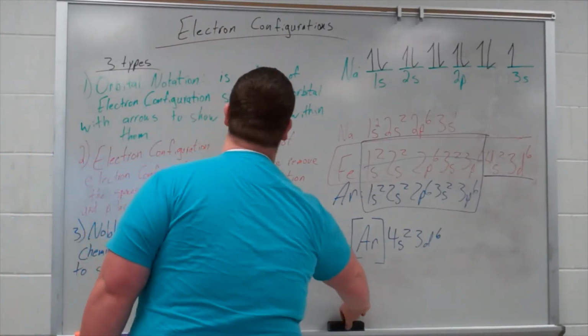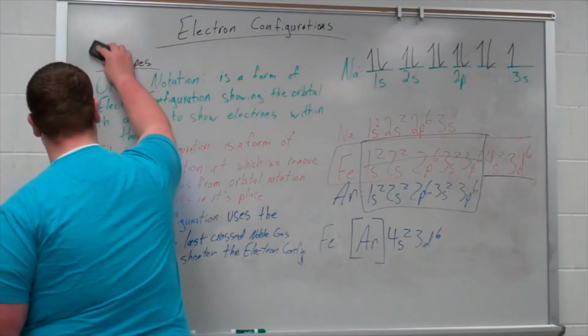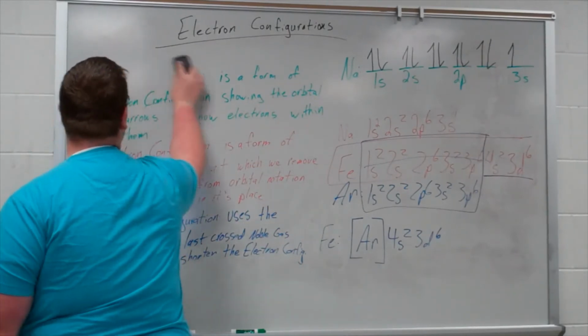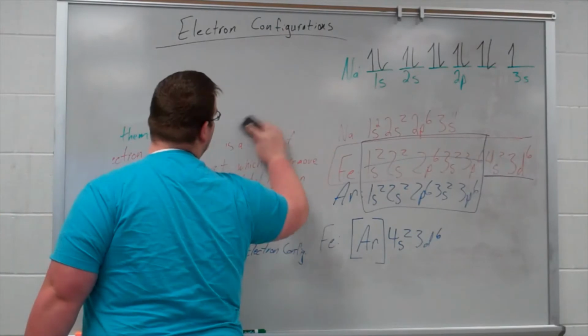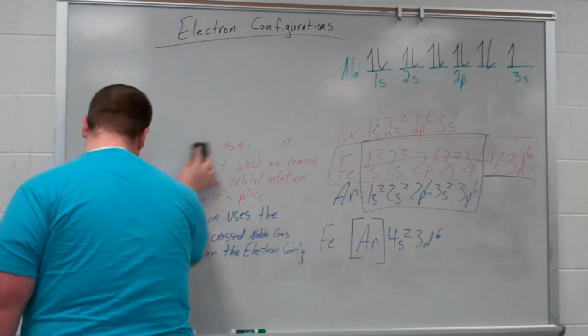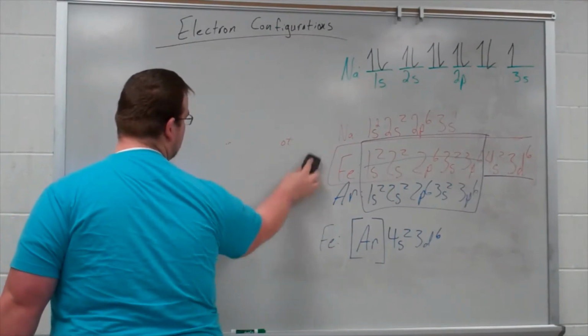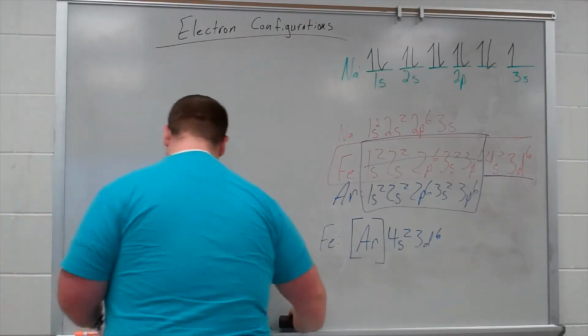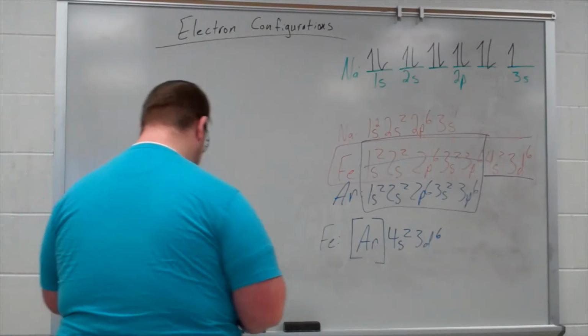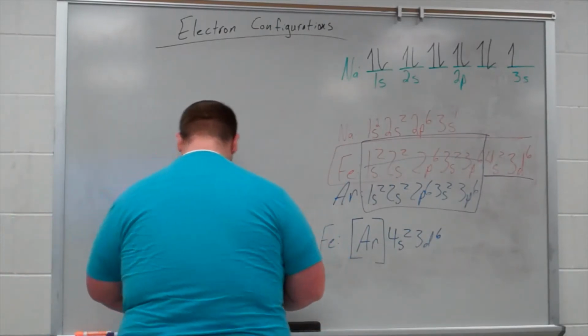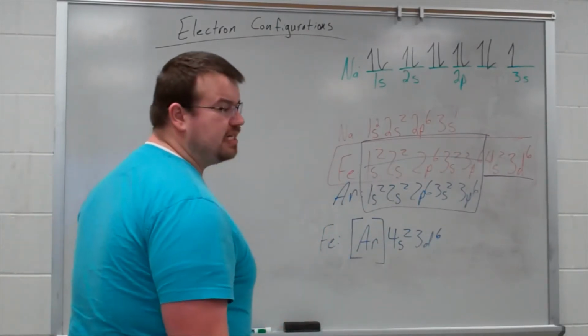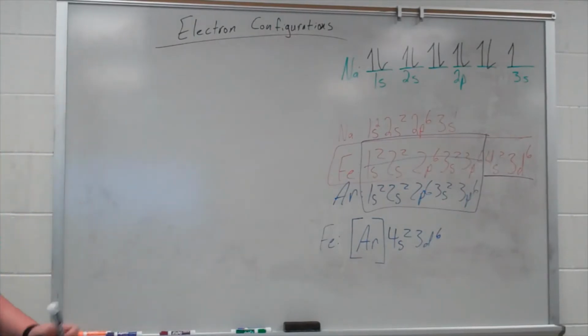Okay? So I'm going to erase a little bit here. I'm going to leave these over here on the right. This is what you got to do. Energy levels in this case range from 1 to 7. Certain ones fill at certain places.